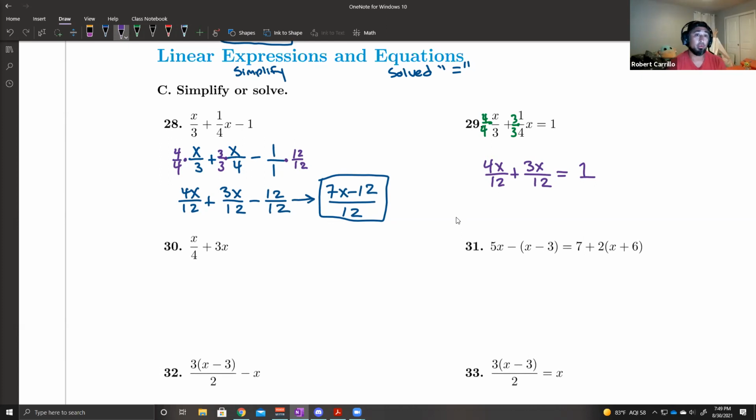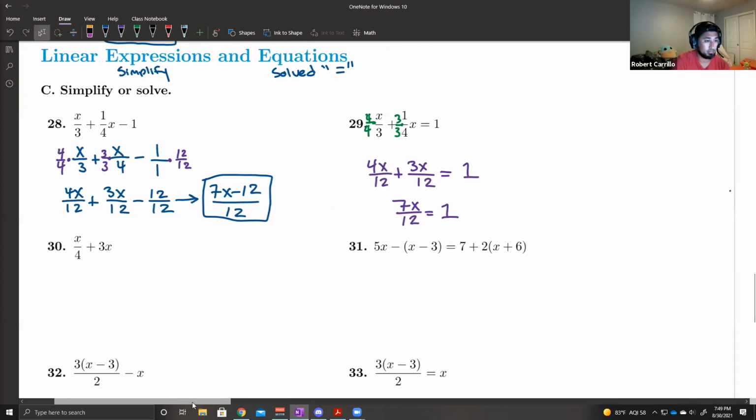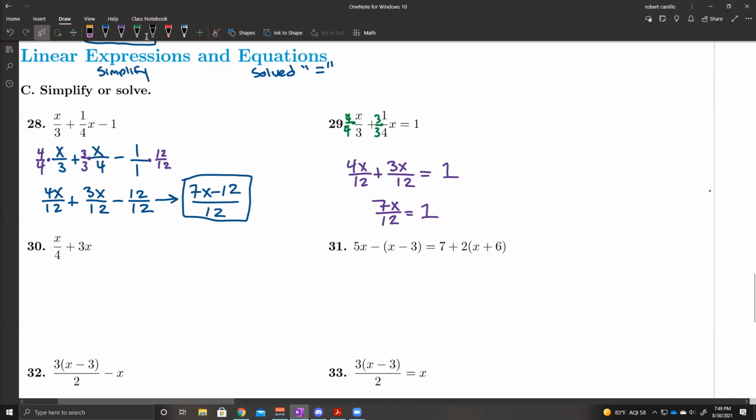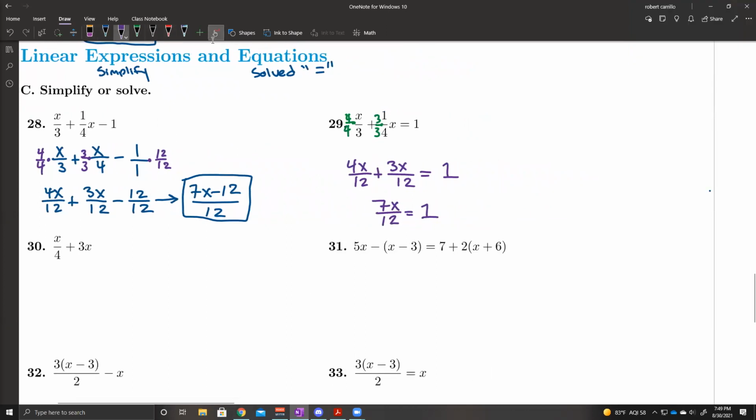Now you have 4x over 12 plus 3x over 12. Putting those fractions together gives me 7x over 12 equal to 1. Now, how do we solve for x? Multiply by 12. Good.